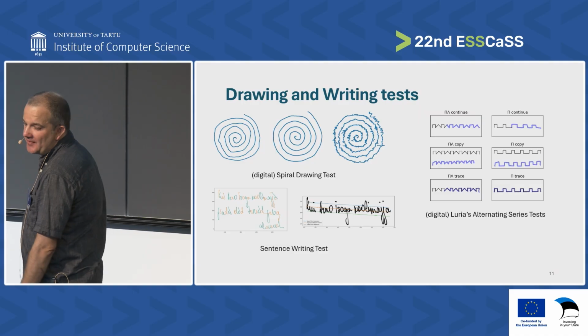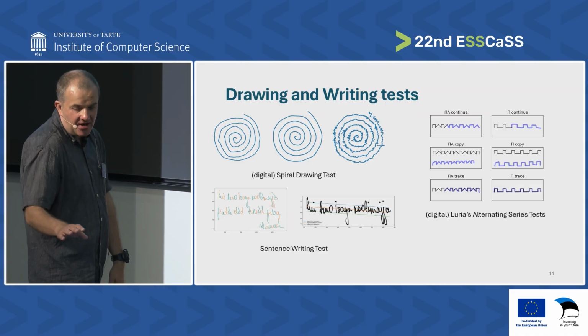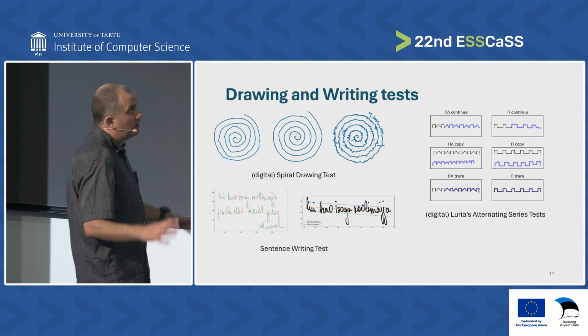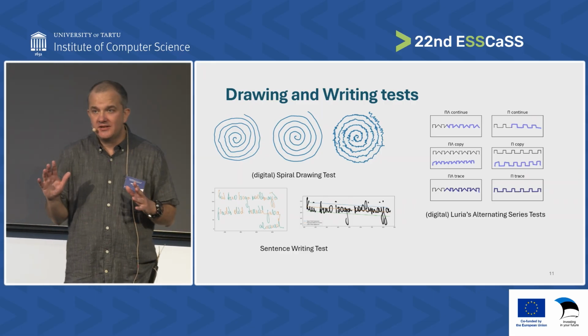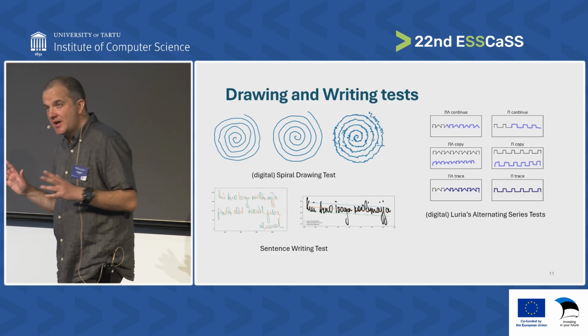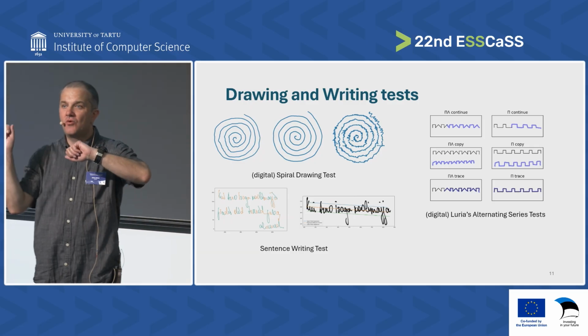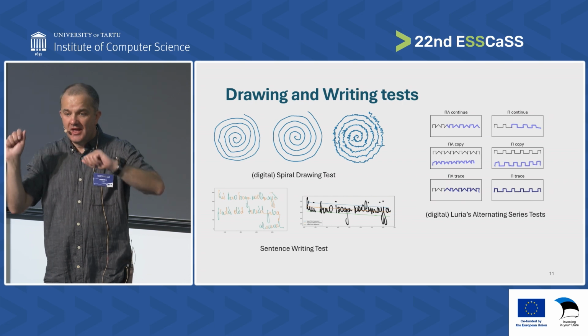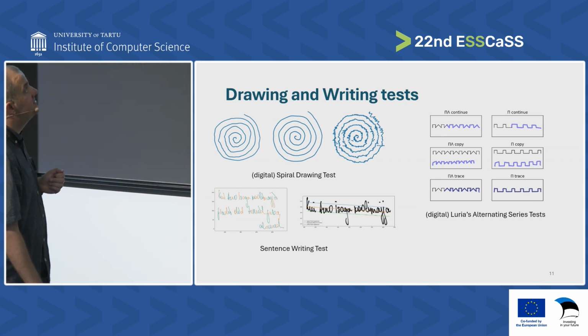Then we go to another test, called the Luria alternating series test. The Luria alternating series tests were initially designed to capture problems when someone has to switch between different drawing programs. So you have first the P-lambda continue test.